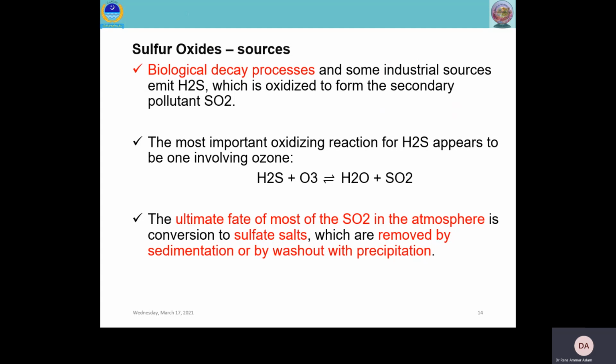The other sources of sulfur dioxide include biological decay processes and some industrial sources which emit hydrogen sulfide gas. Hydrogen sulfide gas reacts with ozone. This is chemical ozone, not the atmospheric ozone which protects us from ultraviolet radiation. This chemical ozone reacts with the hydrogen sulfide and sulfur dioxide is formed.